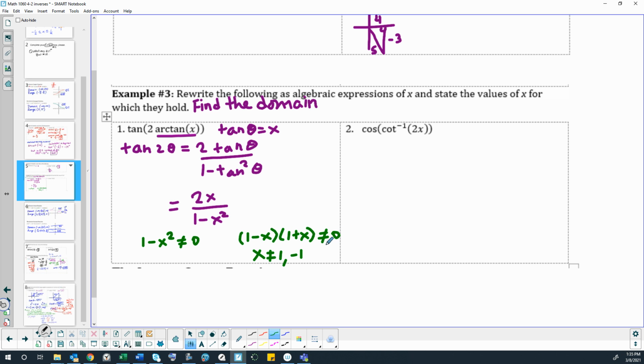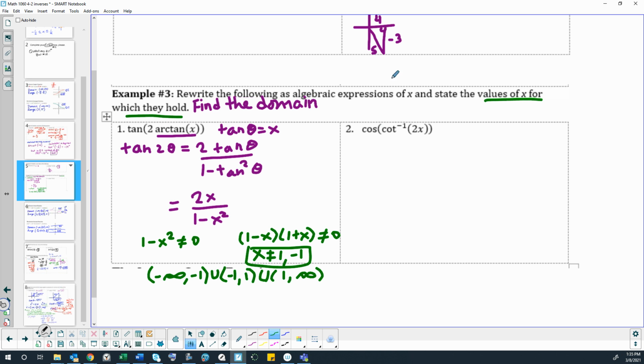Actually, this would also be a positive. Either way, these two values don't work. So this is our restriction on our x values. State the values for x for which this is true. Another way of writing this would be to say negative infinity to negative 1, negative 1 to 1. Oops, let's turn that into a union. And then 1 to infinity. So it's just those two values that don't work.